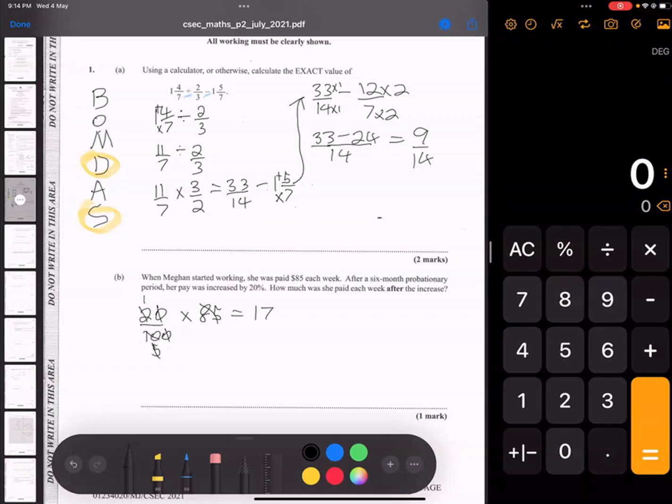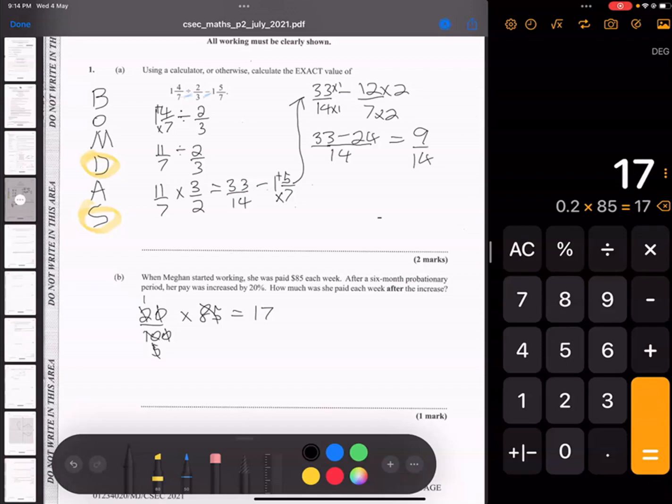If you want to check, we could use a calculator just to ensure that we are on the right track. So 20 divided by 100 gives us 0.2, multiplied by 85, which gives us 17. So yes, we're indeed on the right track.